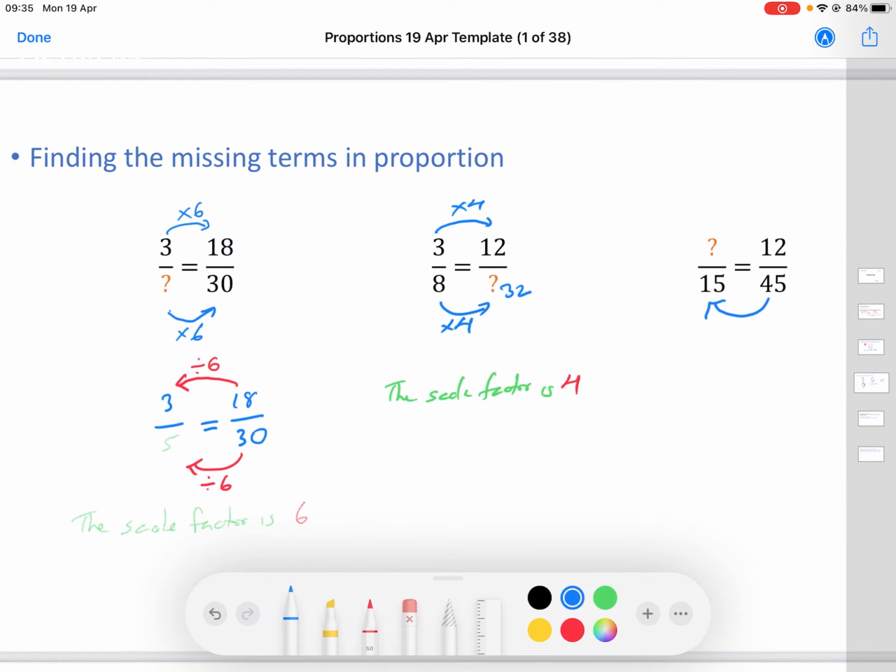If we divide 45 by 3, we get 15. So in the numerator also, we need to divide 12 by 3. So that gives you, yes, 4. So the scale factor is 3.